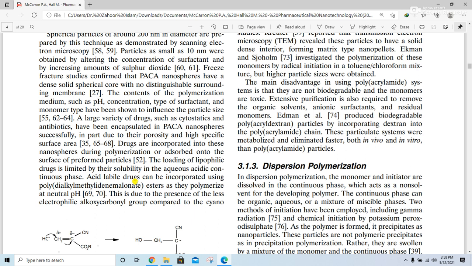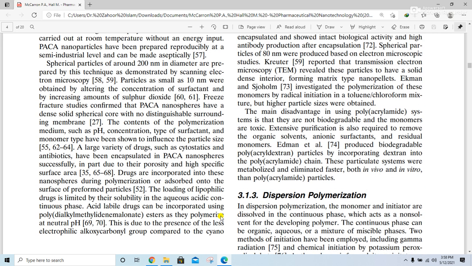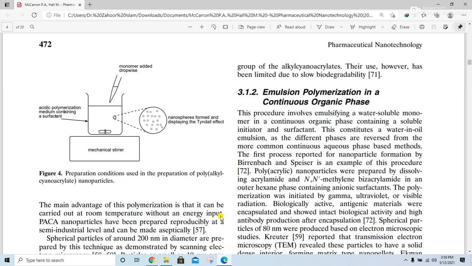Acid labile or acid sensitive drugs can be incorporated using polydialkyl methylidene malonate esters, as they are polymerized at neutral pH, and this is due to the presence of the less electrophilic alkoxycarbonyl group as compared to the cyano group of the alkyl cyanoacrylates.